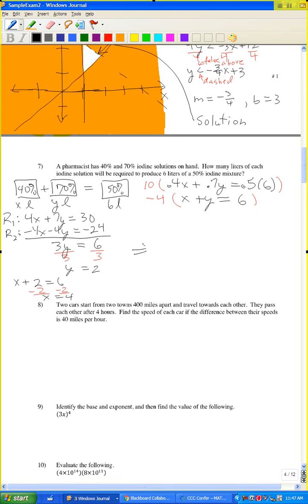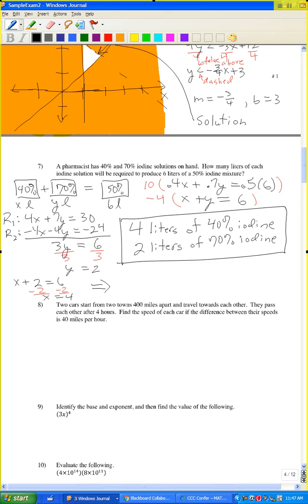And so that implies 4 liters of 40% iodine solution, 2 liters of the 70% iodine solution. And that is your answer.